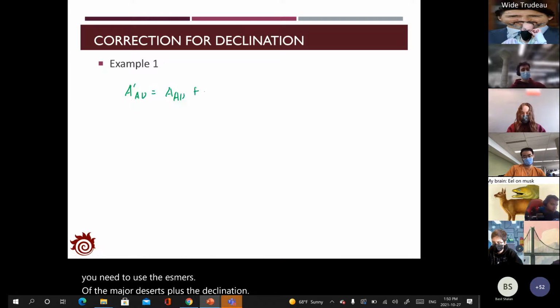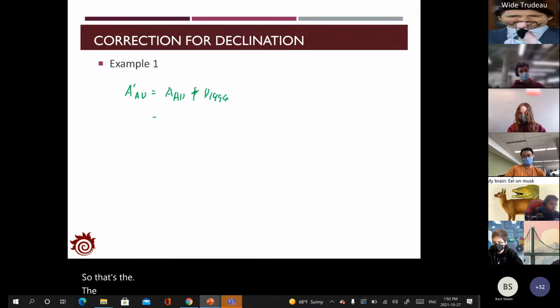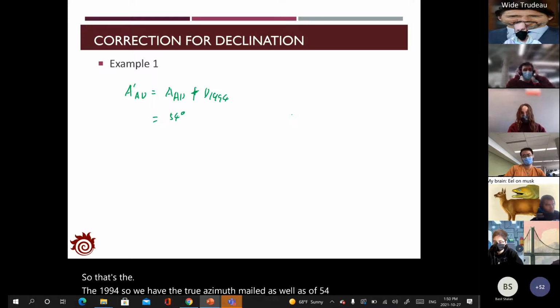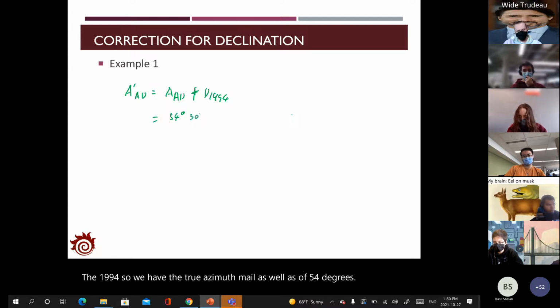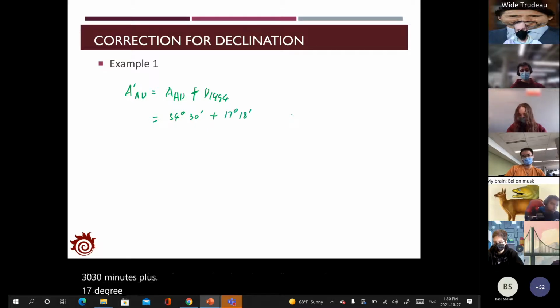So that's the 1994. We have the measured azimuth as 54 degrees 30 minutes plus 17 degrees 18 minutes. So this will give you the answer as 71 degrees 48 minutes.